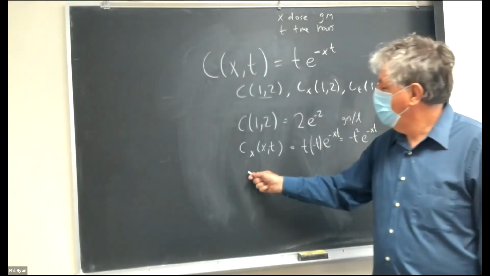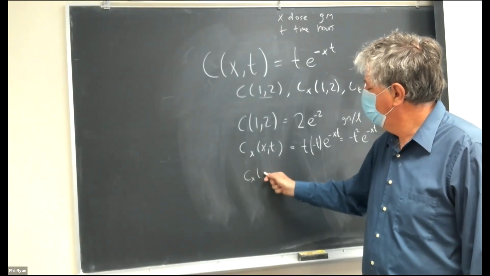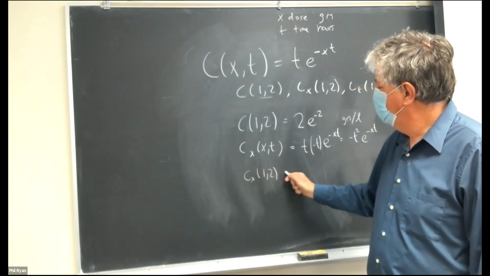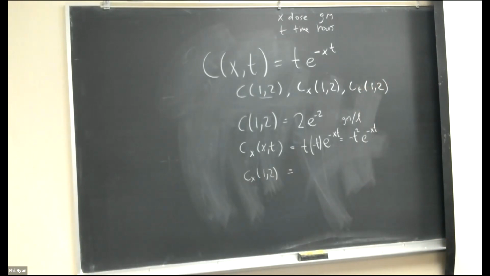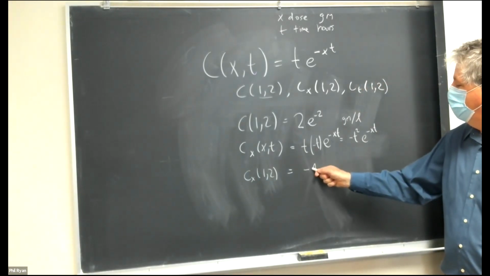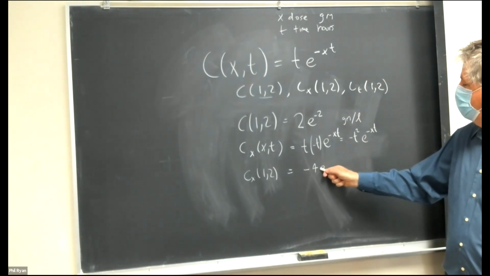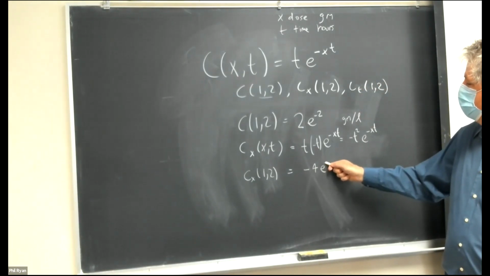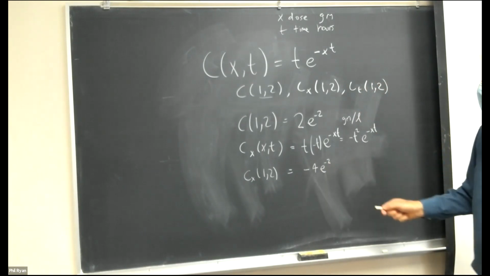I then plug in 1, 2. So x equals 1, t equals 2, so it's minus 4 e to the minus 2. And what are the units?